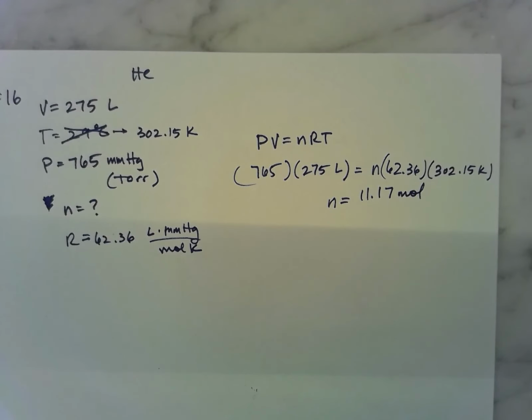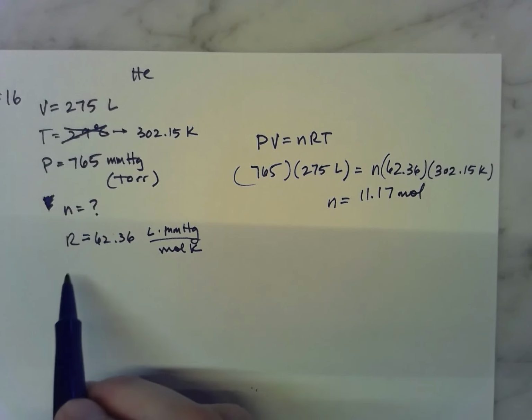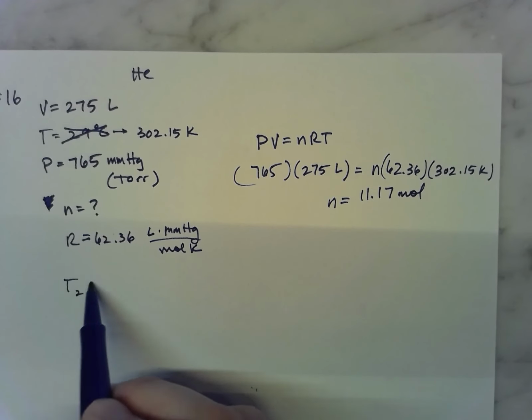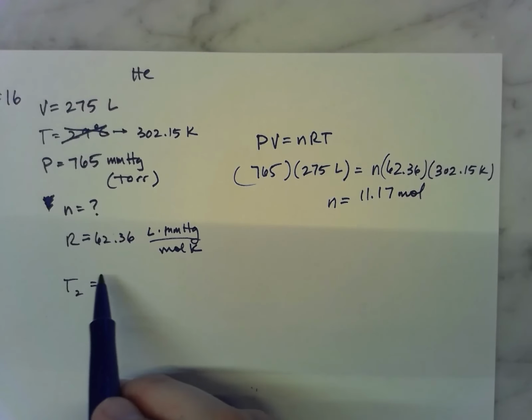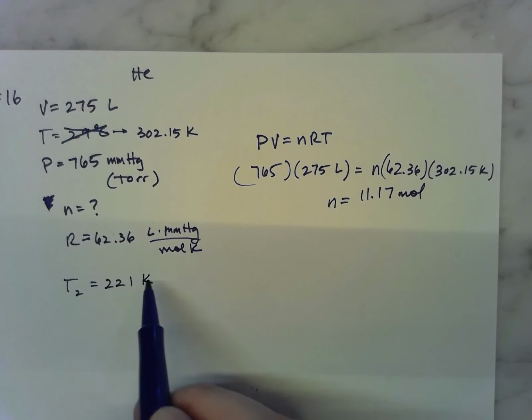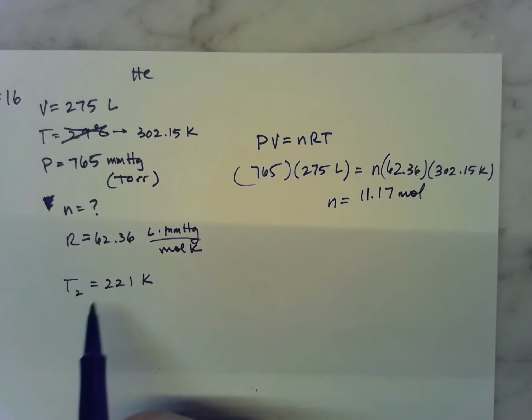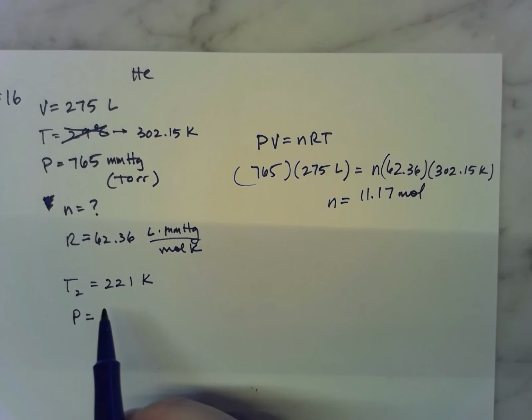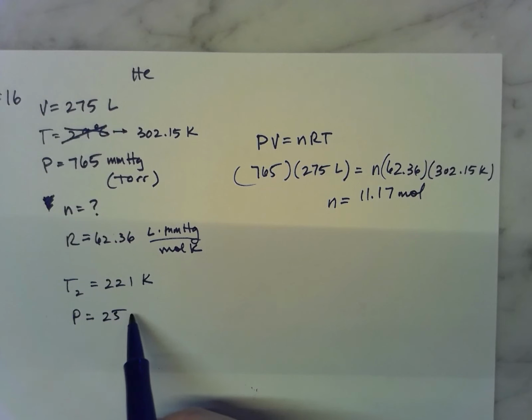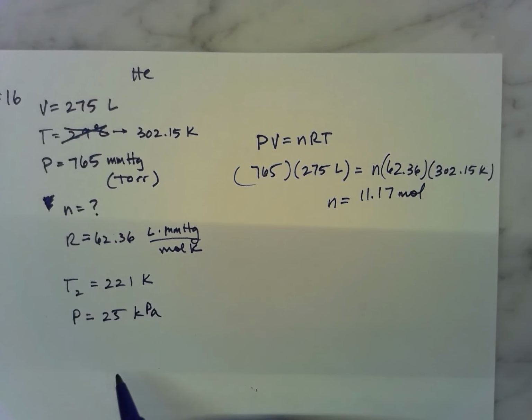All right, what's the second part of the question there? At an altitude of 10,000 meters, the temperature is 221 K. So now we've got a new temperature, so we're going to call that T2, just to keep it straight. 221 K. And the pressure, you tricky trickies, kPa. All right. So now we want to know volume equals question mark.